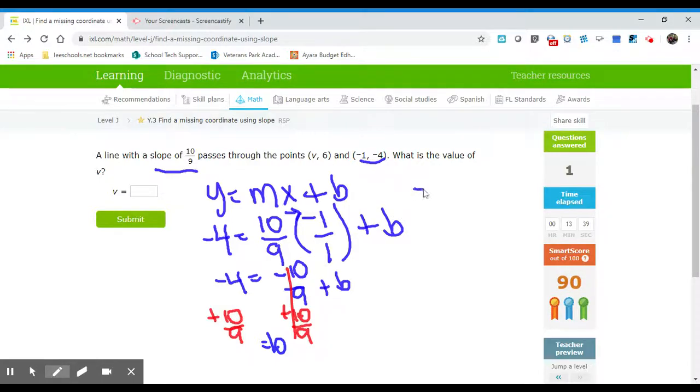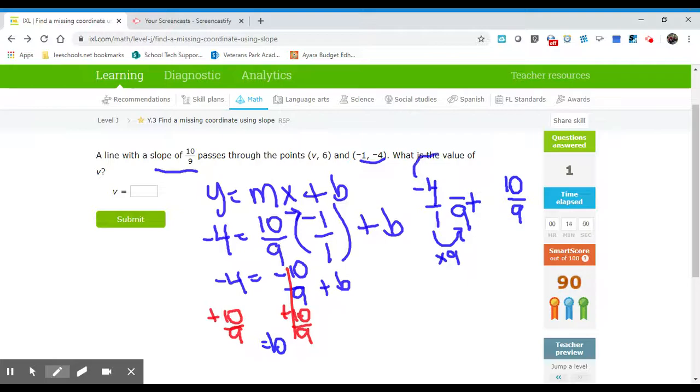We have -4/1 plus 10 ninths. So we know how to do this, right? We have to get common denominators. 9 is the denominator. So 1 times 9 gives you 9.